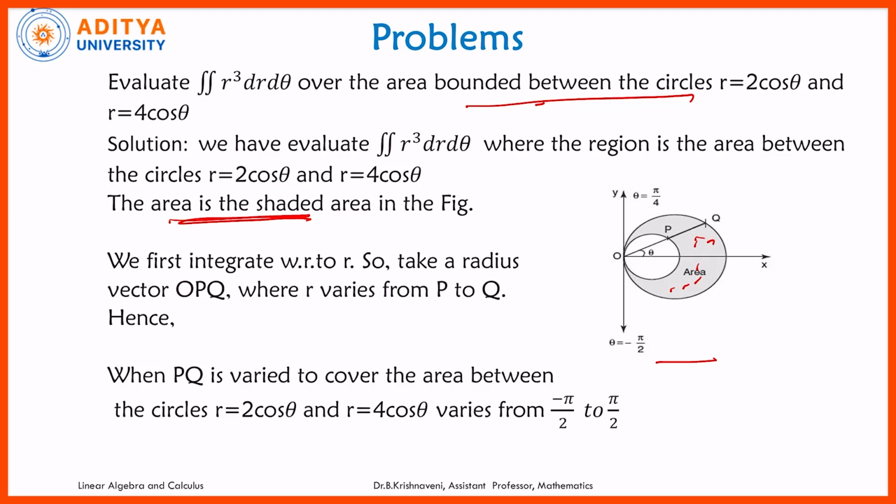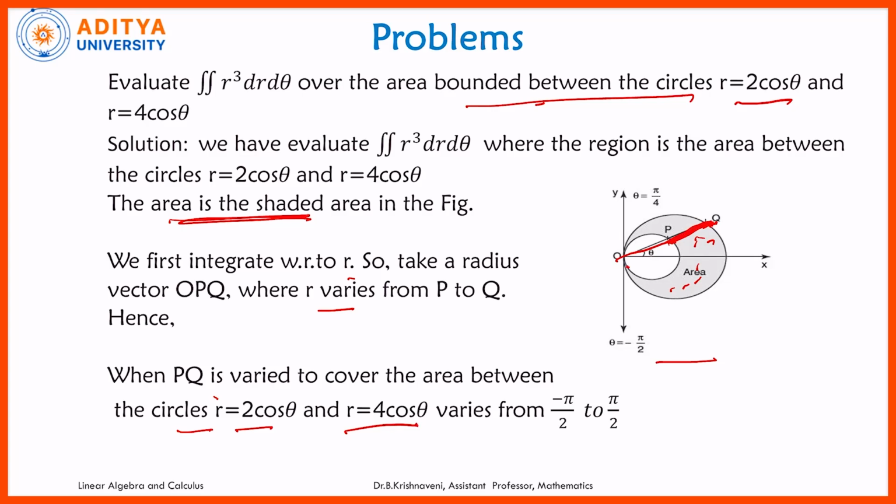As we know, first we need to integrate with respect to r. So take the radius OPQ, where r varies from P to Q. Why from P to Q? This is the region part which gives the region of integration. So r varies from P to Q, covering the area between the circles: r = 2 cos θ to the other circle, r = 4 cos θ.